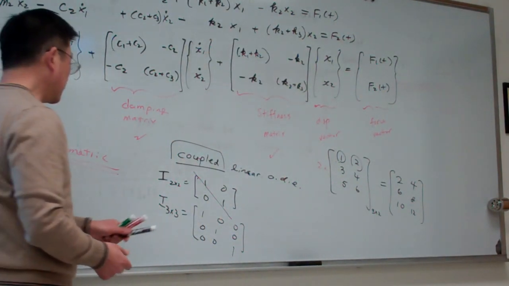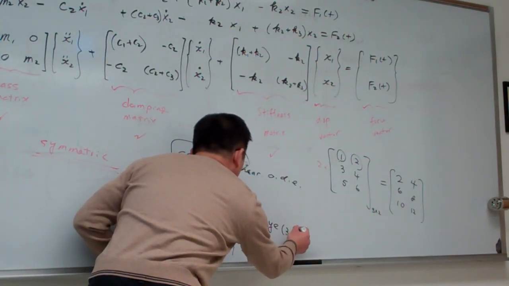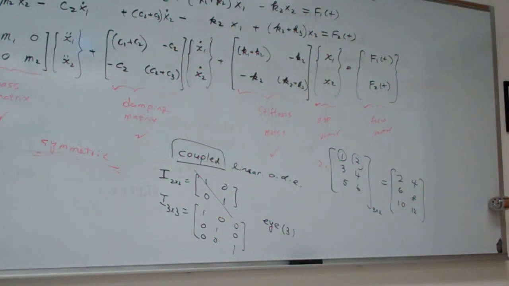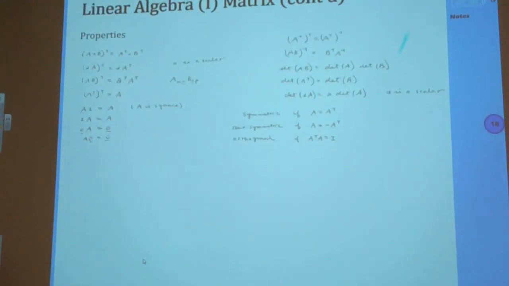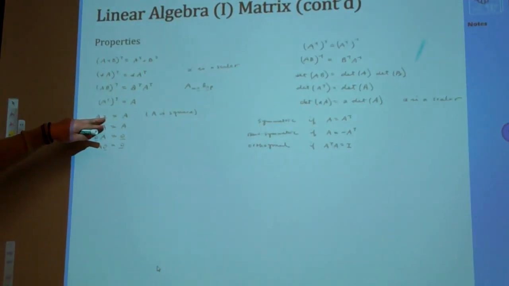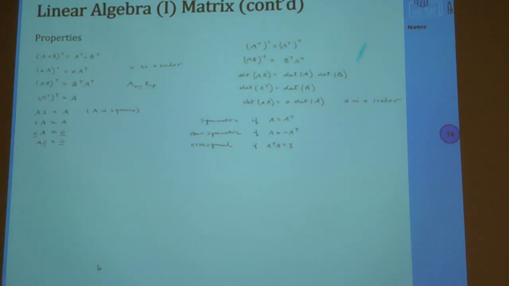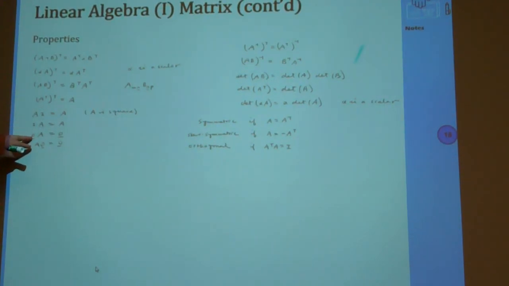In MATLAB, if you want to use I, the command is eye(3), which produces such a matrix. The multiplication of a matrix by the identity equals itself, just like scalar multiplication by 1, and the zero elements remain 0.